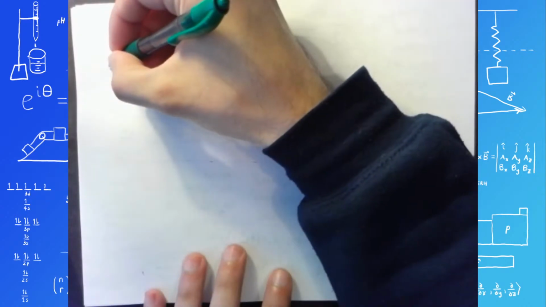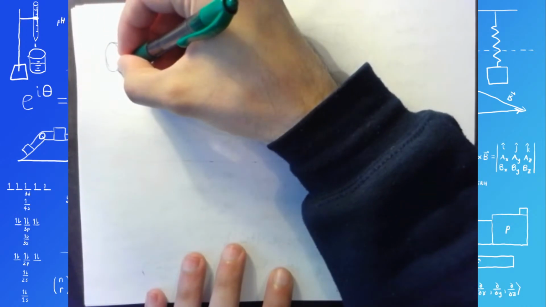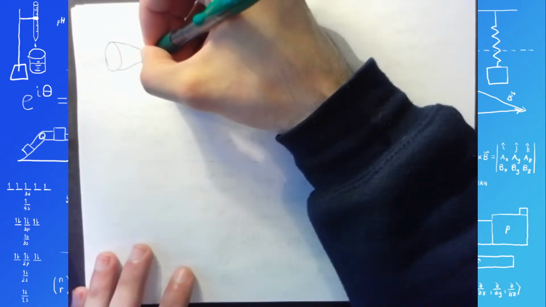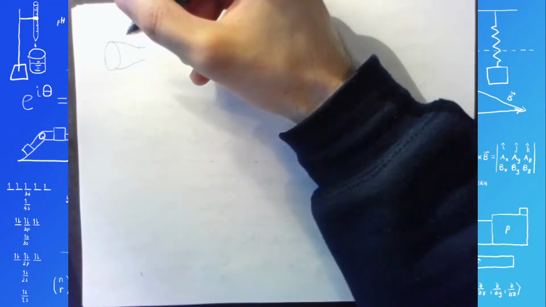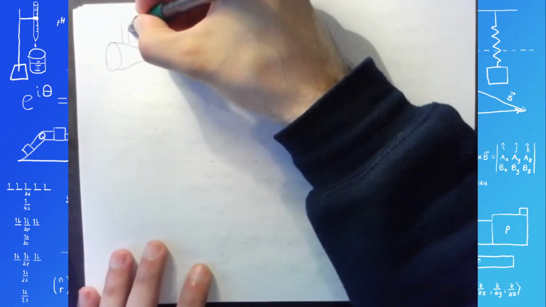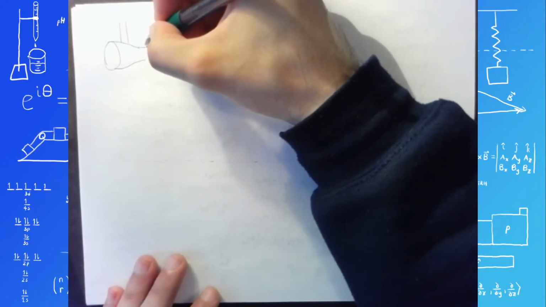So they've drawn something like this. And then there's a narrowing over here.